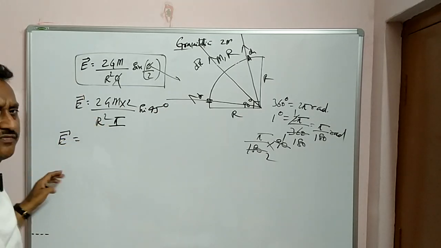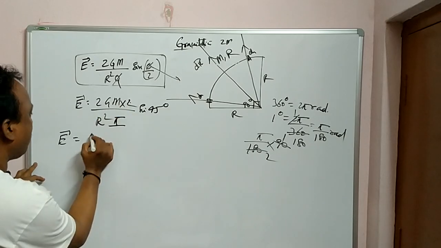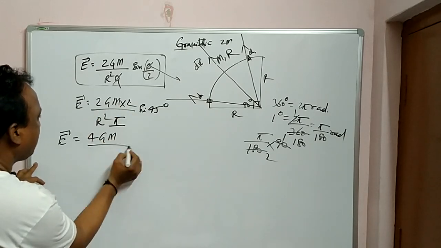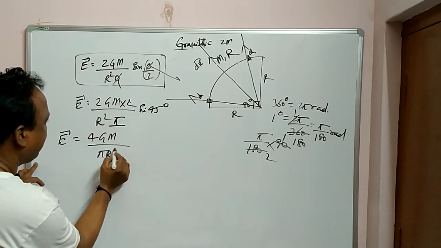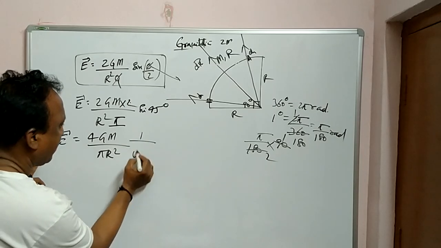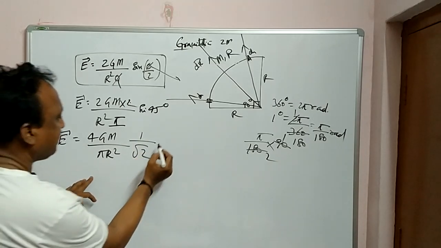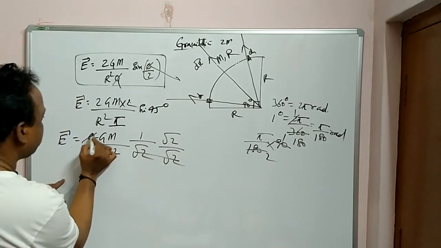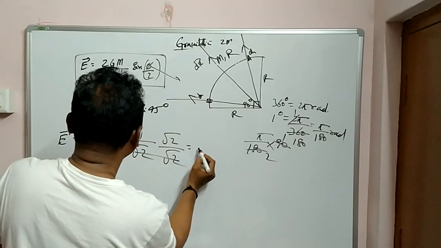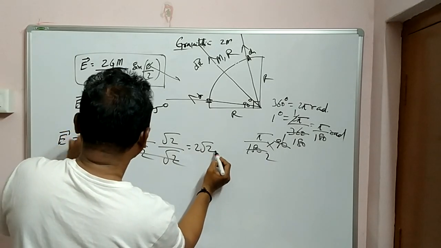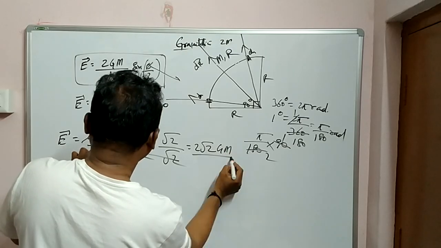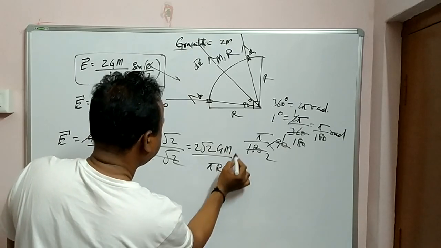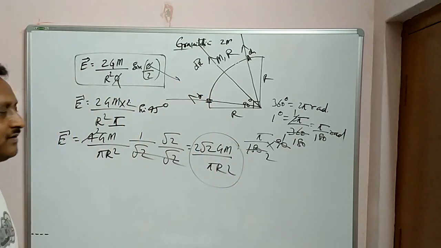Gravitational field intensity: 2 twos are 4, GM by pi r square, sin 45 is 1 by root 2. If you multiply with root 2 up and down, this becomes 2 times. So finally the value is 2 root 2 GM by pi r square. This will be the final value.